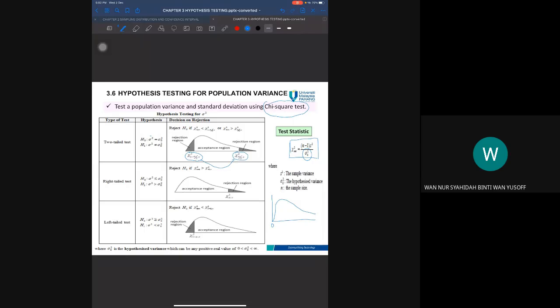It is not similar to t and z. T and z are symmetric distributions, that's why we have positive sign and also negative sign. For the chi-square, they are positive distributions, so both are positive. So if you have the left tail, we still have a positive value for the critical value.